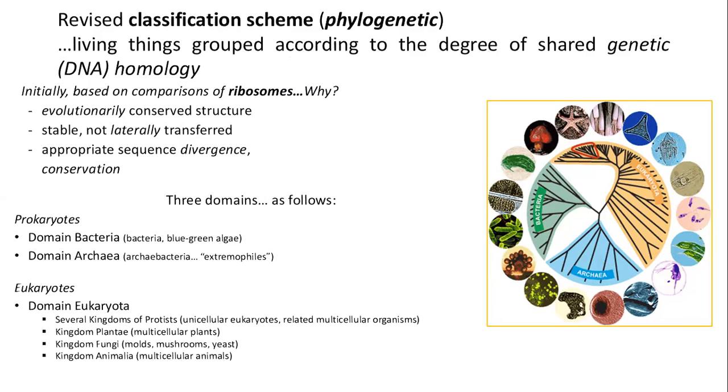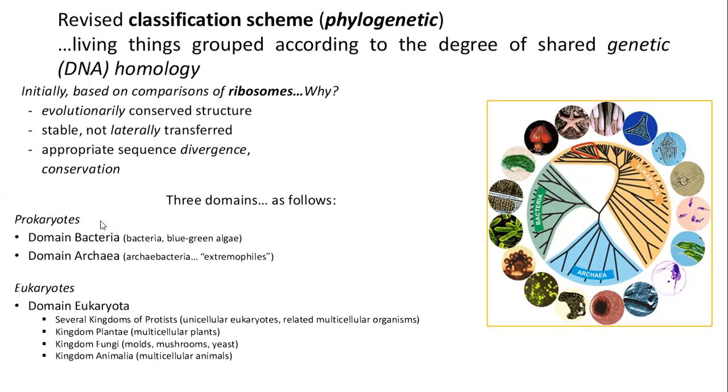And so you can't really compare a complete human genome side by side to, say, a mushroom, because it's just not going to line up. But they both have these ribosomes inside their cells, which is what they initially based this on, so they could compare them side by side. And you can see where there are things that are conserved, or the same, or things that diverge, that are different.